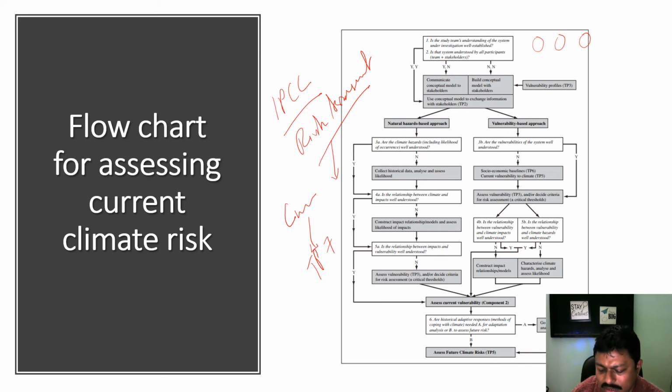And there are various steps, so you can just go through it in the presentation.